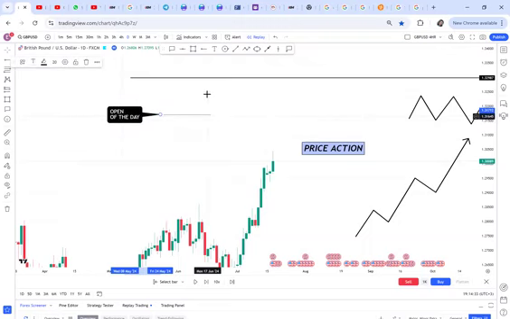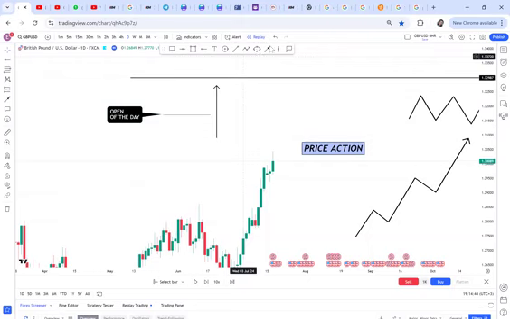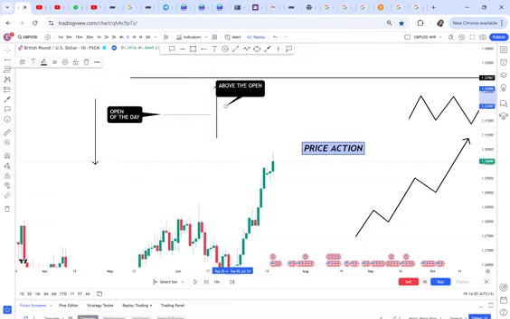So if the market opens and the price goes above, we have the above on the right side, and then here we have the below. So the thing is, if price goes above the open, buyers are in control.